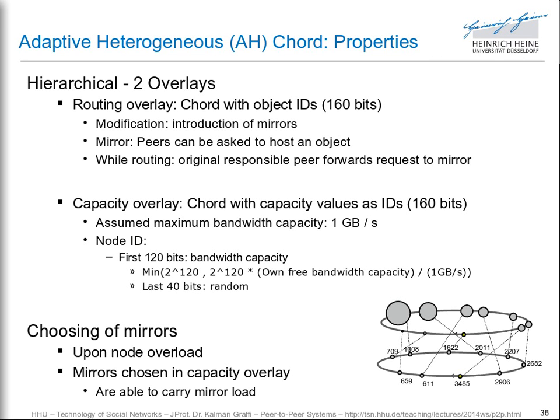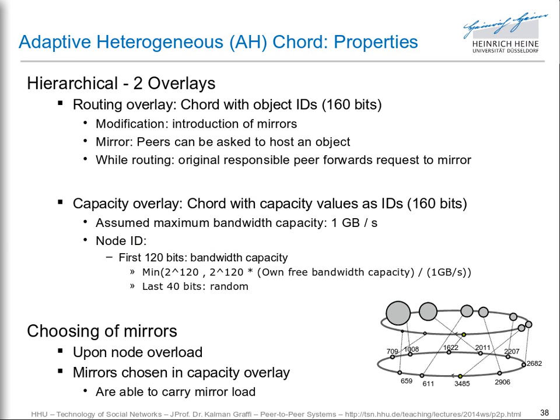And how can we combine both overlays? So how can we choose mirrors? Yes, as every node is a member in both overlays, which only differs in the calculation of the peer ID, we can choose a mirror from the second overlay whenever we are overloaded.